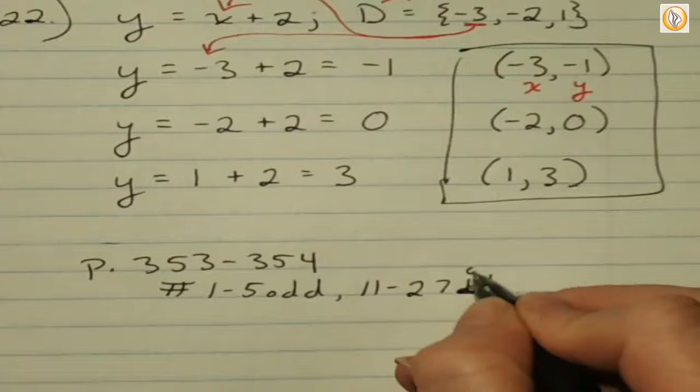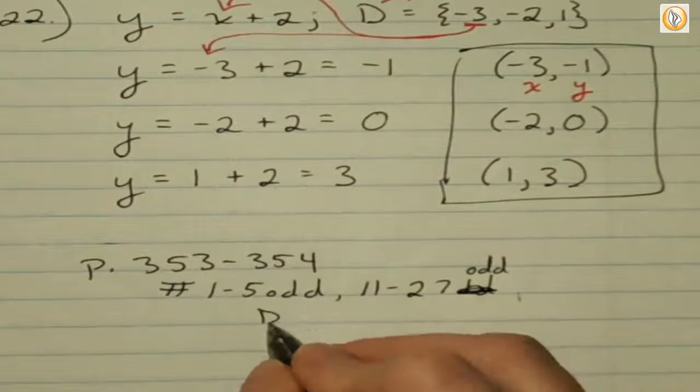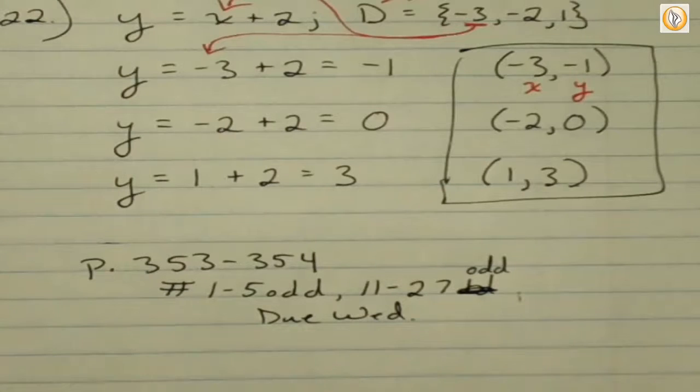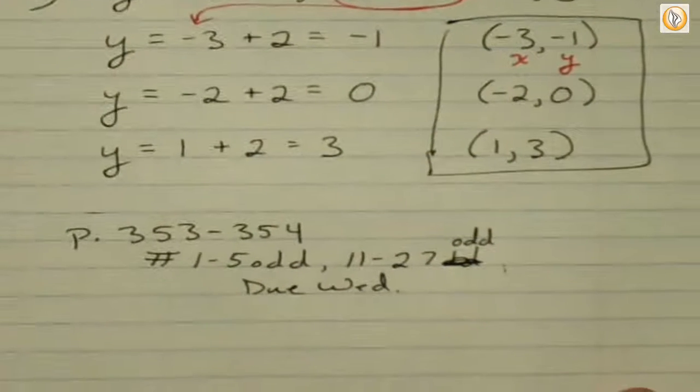Oh, this says odd. Due Wednesday. So that's 3, 4, 5, 6, 7, 8, 9, 10, 11, 12. 12 problems due Wednesday.